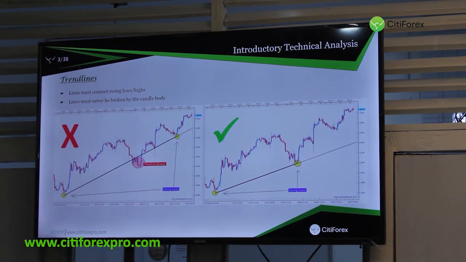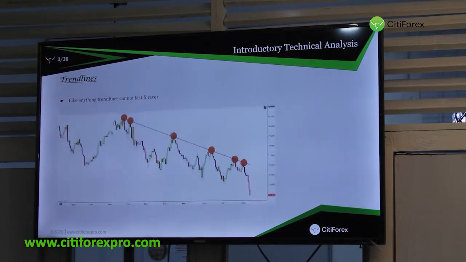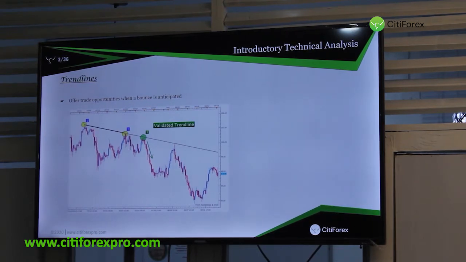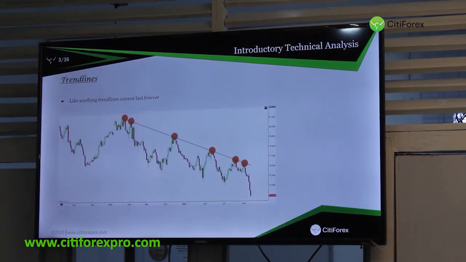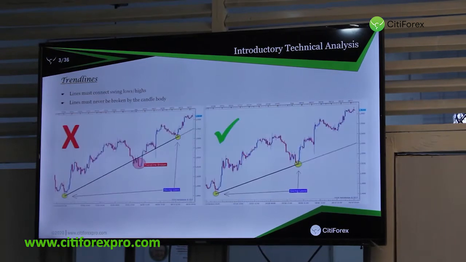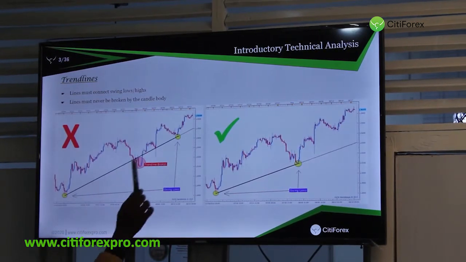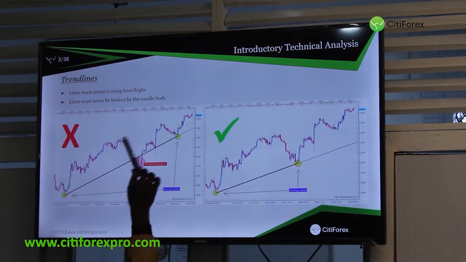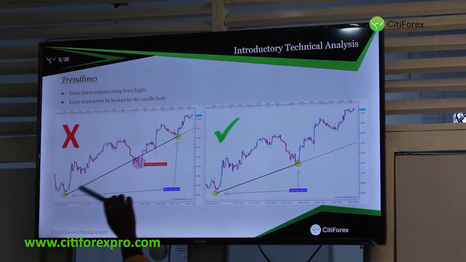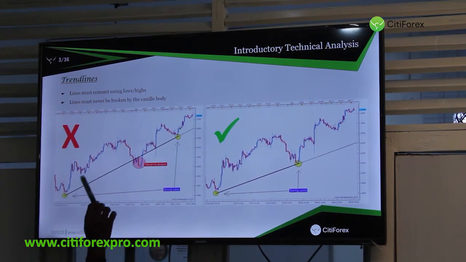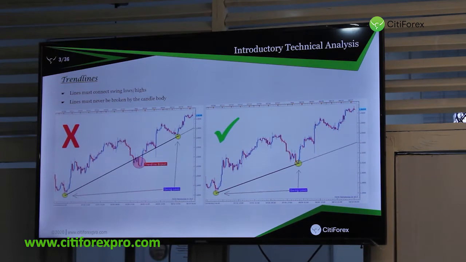If you look at this chart very well, what you will observe here is that before all of this appeared, before all these things started to happen, the traders would have kept their trend line here, is it not?